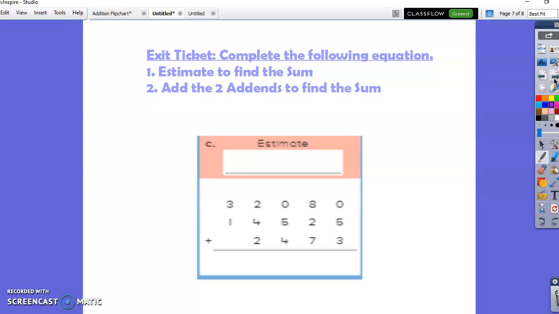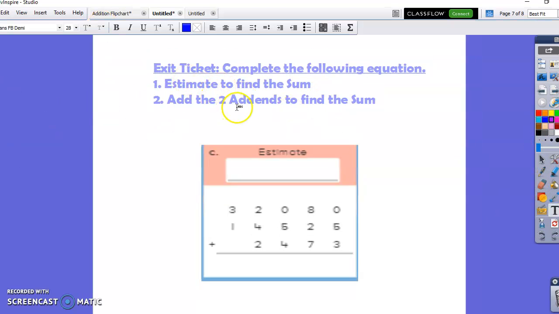Estimate to find the sum. And then number 2, you're going to take the 3 addends to find the sum. So you have 3 addends here. I'm going to fix that right now. You have 3 addends.